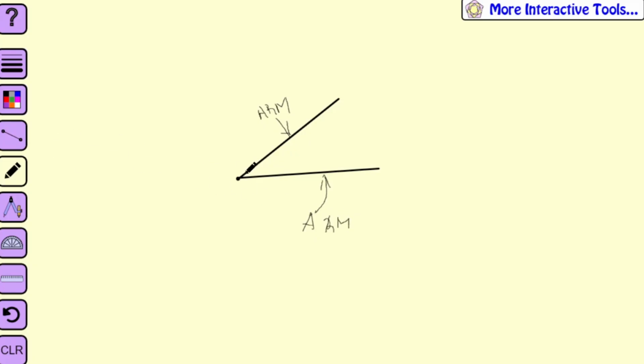And then we have the point right here where they meet, and this point is called a vertex. You can just sketch this off in your books so you have it as practice so you actually know what an angle is and the parts of an angle.